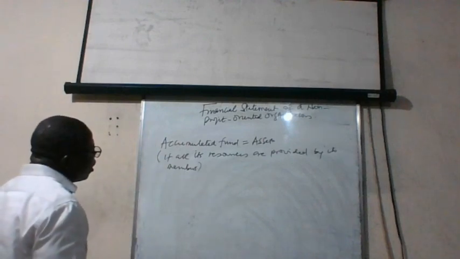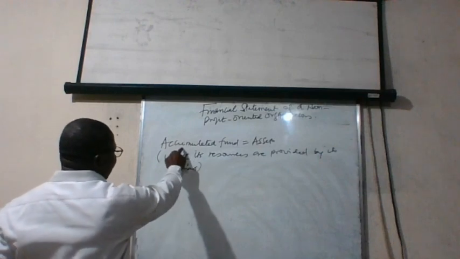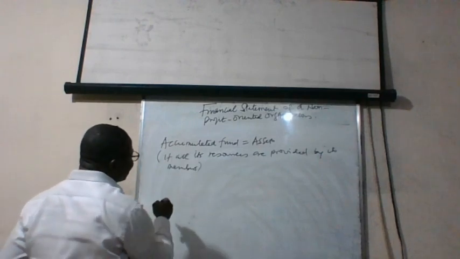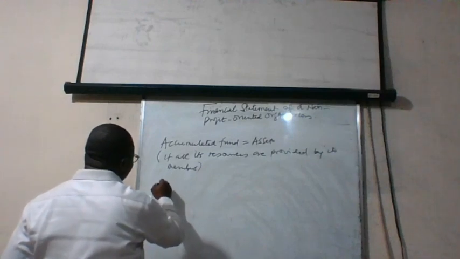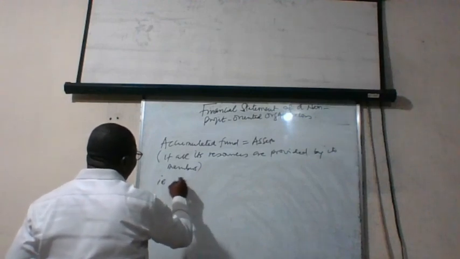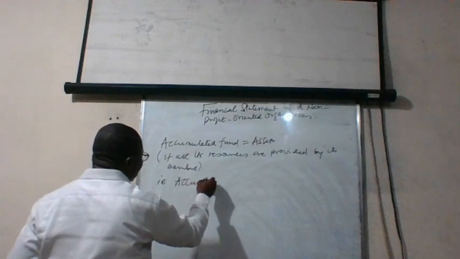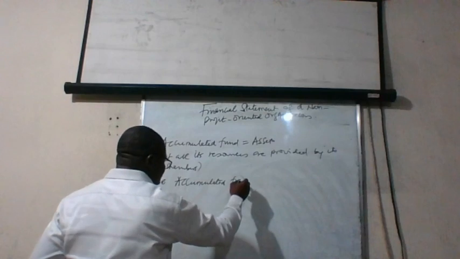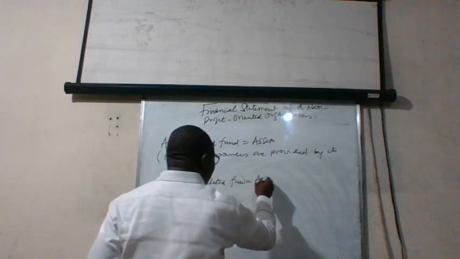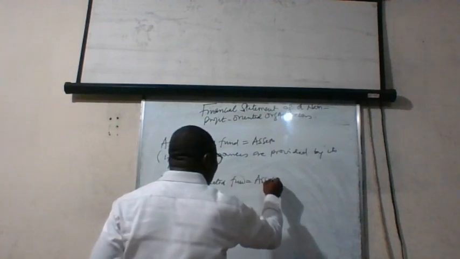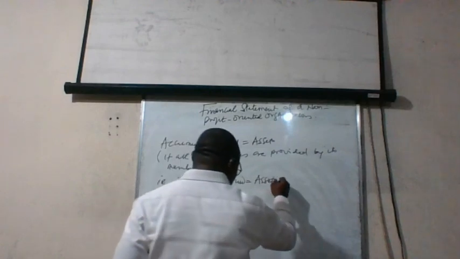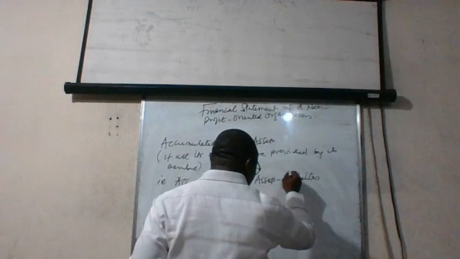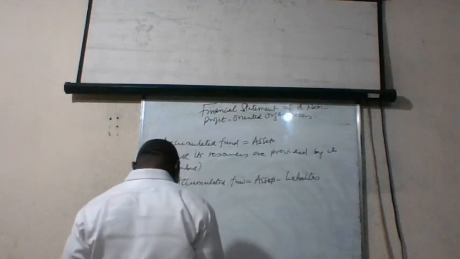So the accumulated funds is equal to assets minus liabilities.